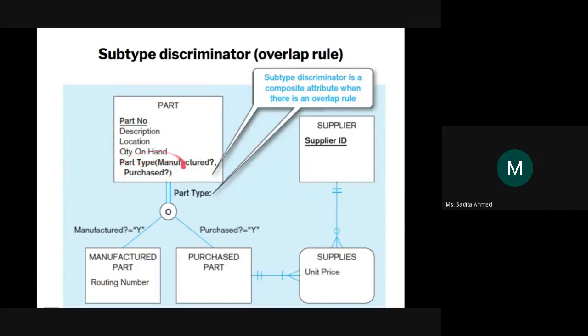However, because we've made it a composite attribute, we have the option of representing those instances as well, which are both manufactured and purchased. যদি শুধুমাত্র ম্যানুফ্যাকচার্ড হয়, তাহলে ম্যানুফ্যাকচার্ড এর ভ্যালু y হবে, পারচেজড এর ভ্যালু n হবে। যদি শুধুমাত্র পারচেজড হয়, তাহলে পারচেজড এর ভ্যালু y হবে, ম্যানুফ্যাকচার্ড এর ভ্যালু n হবে। However, if a part is both manufactured and purchased at the same time, then manufactured will be y, purchased will be y as well.